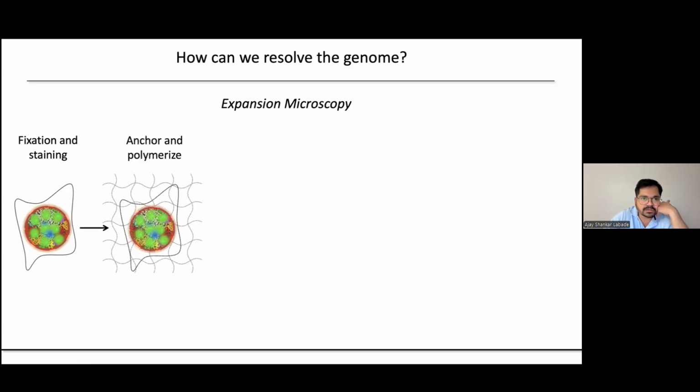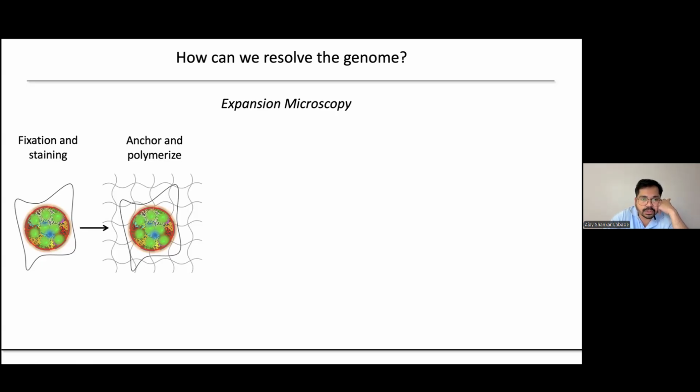In this case, I have used speckles to label in green and then lamin in red. As you all know, in expansion microscopy, we embed these fixed and stained cells in an acrylamide gel. But before that, we treat cells with a chemical moiety which interacts with amine groups of proteins. So all the proteins are linked with this molecule called the anchor molecule.